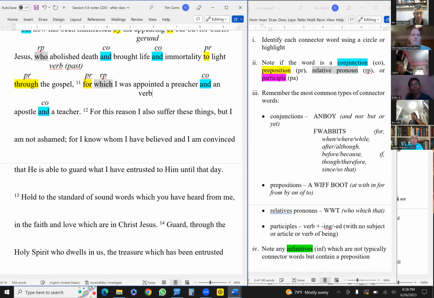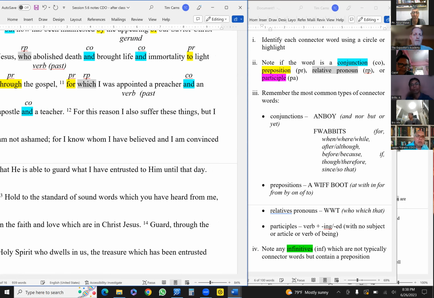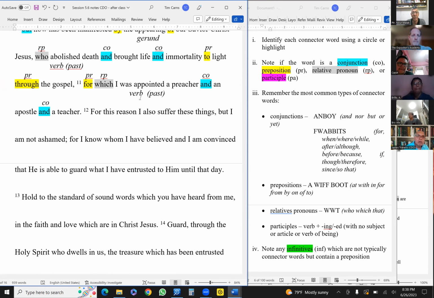So just keep applying those tests. And again, if it's a verb with an -ed ending, that's just telling us this is a past tense action here. Great job, Alex. I don't see any others there.